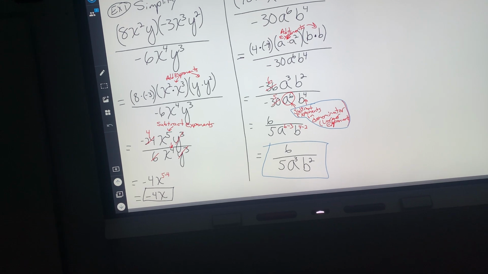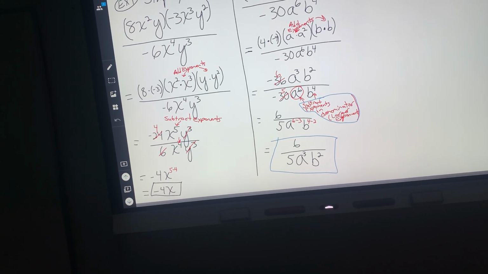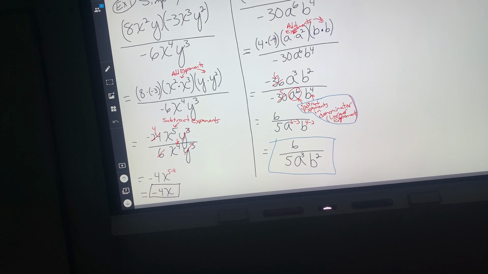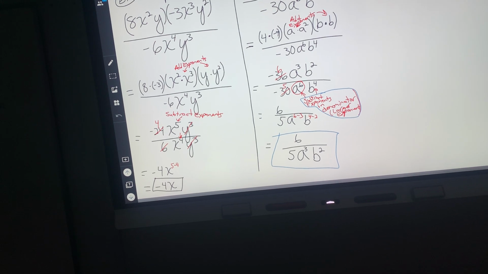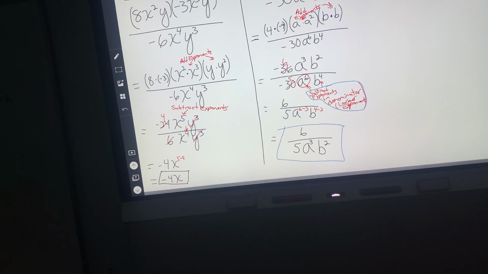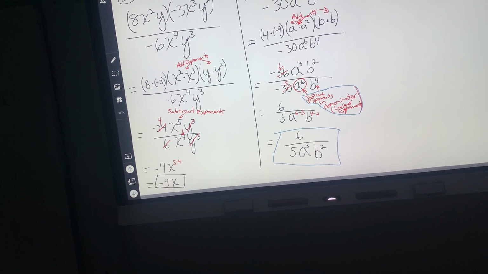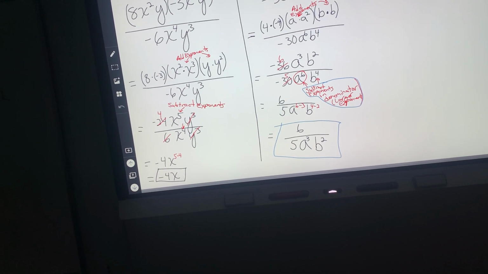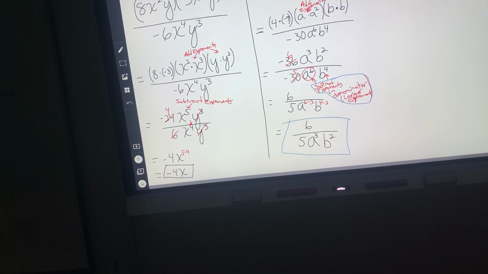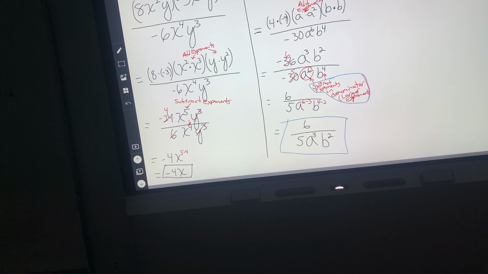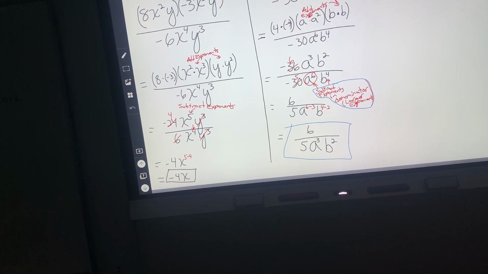So I took 8 times negative 3, then put the x terms together and added the exponents, and put the y terms together and added the exponents. As you can see, when we simplified it in the third row, just looking at the top part, it simplified to negative 24x to the fifth power when we added those exponents, and y to the third power when we added the y exponents.